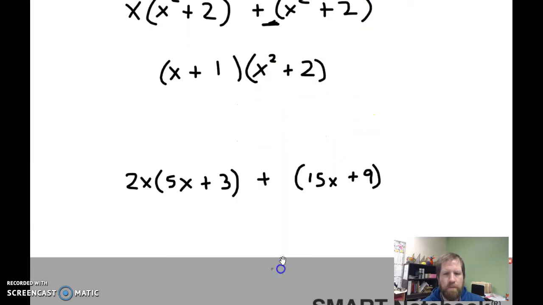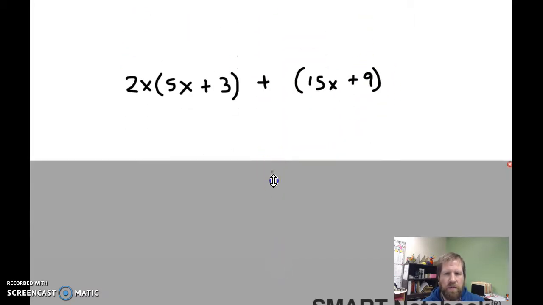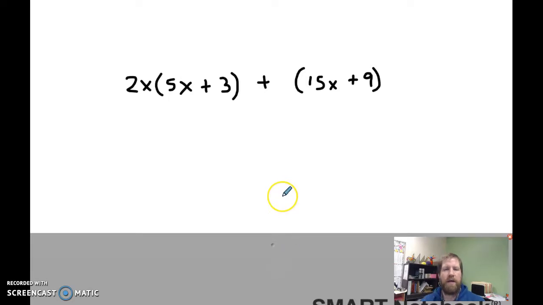All right, one last one. Now we're getting into a little more complicated stuff. Instead of the same binomial already pulled out for us, they're not the same. If they're not the same, I can't just pull them out. I can't say that this is 5x plus 3 and this is 2x and this is 1. It doesn't work, because these are not common factors.